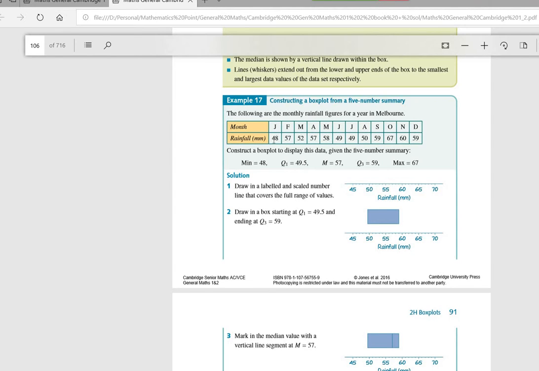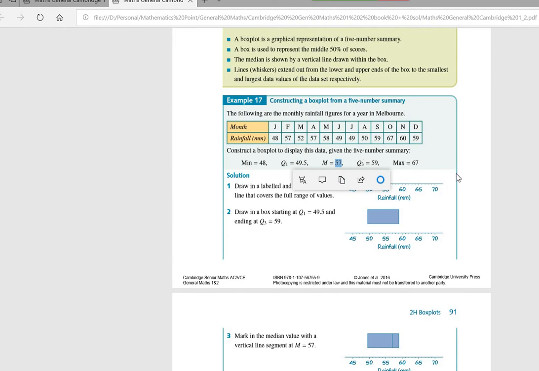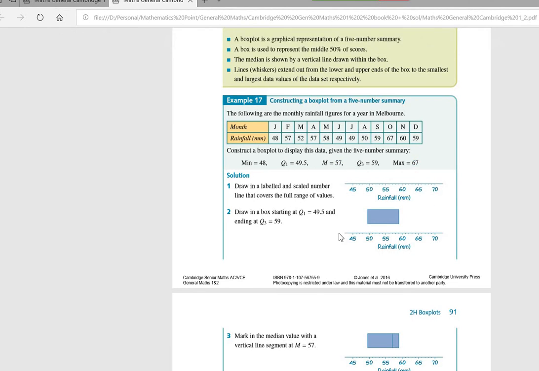The rainfall rates are there from 48 for January to 57 in February to 52 in March till December. You're already given the min, which is 48. You're given Q1, which is 49.5. You're given M, which is 57. You're given Q3, which is 59, and your max is 67. So you're given all the 5 points.